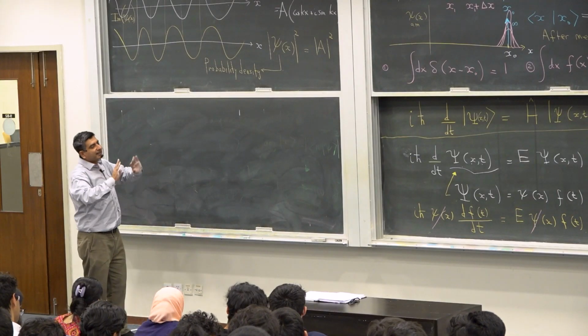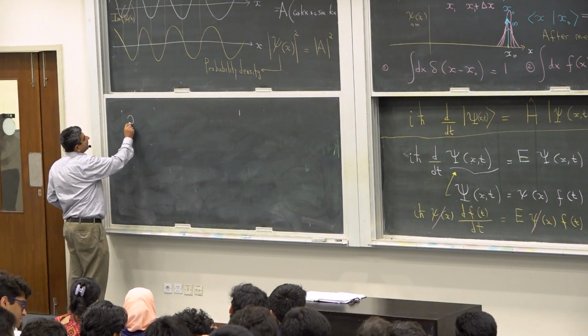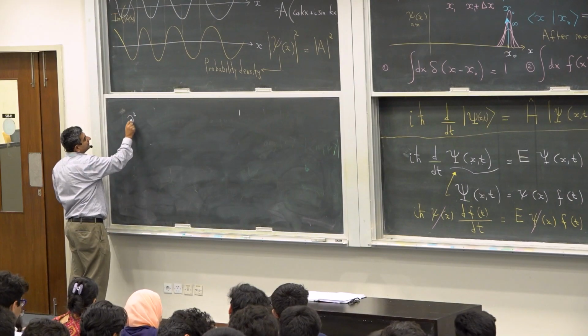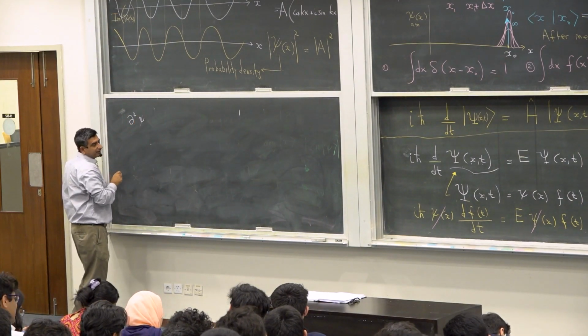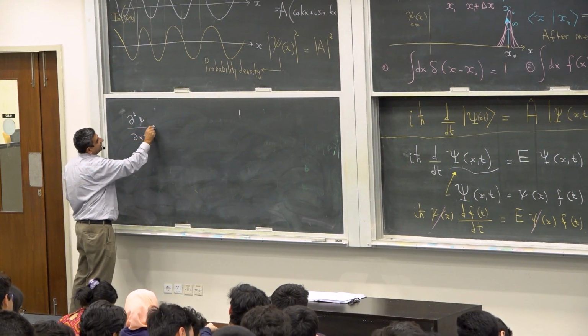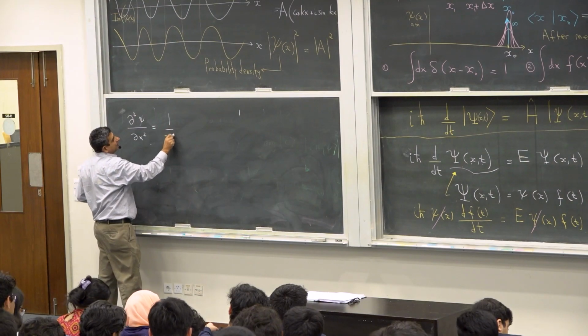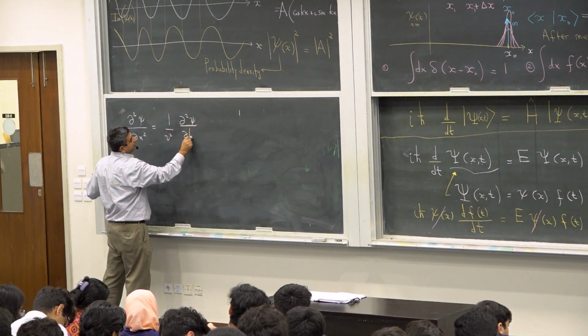So if I were to write the classical wave equation, just for your interest, partial square of some psi over partial x square is 1 over v square partial square psi over partial t square.